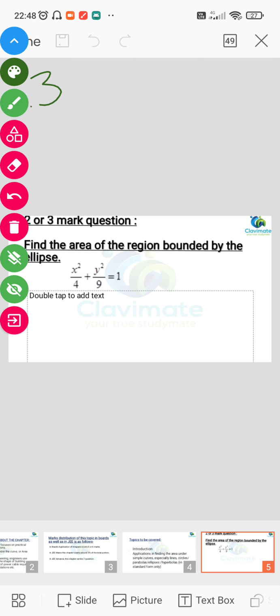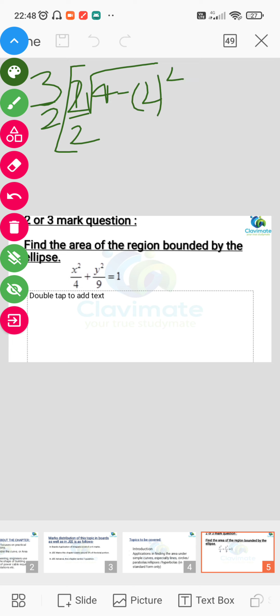So I'll have 3 by 2. Let us put the upper limit first. Okay, so what is our upper limit? Plus 2. So it will be 2 by 2 under root 4 minus 2 square plus 2 sine inverse x by a. What do I write in place of x? I have to write 2 by 2.